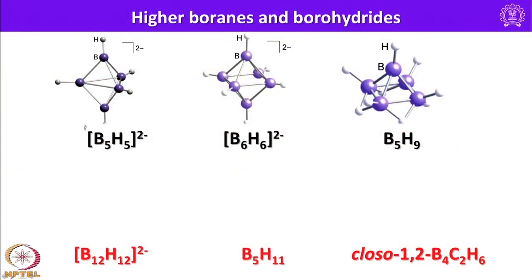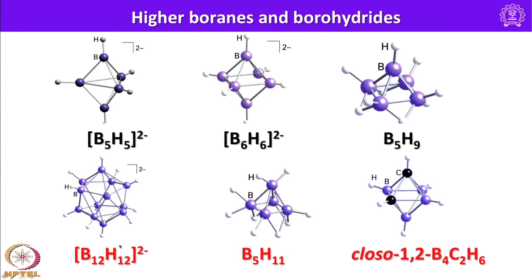For example, consider B5H5, where 5 vertices are occupied by boron atoms. Similarly, if you look at B6H6 2 minus, we have 6 boron atoms occupying 6 vertices of a regular octahedron. Similarly, here we have B5H9, where one of the axial positions of the octahedron is missing.